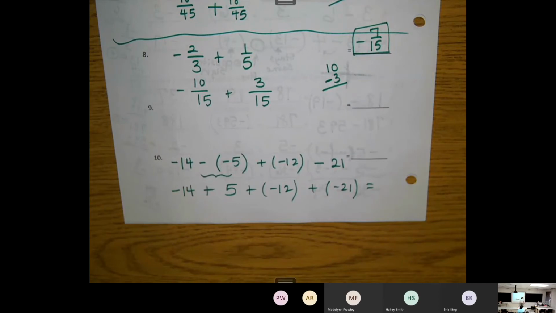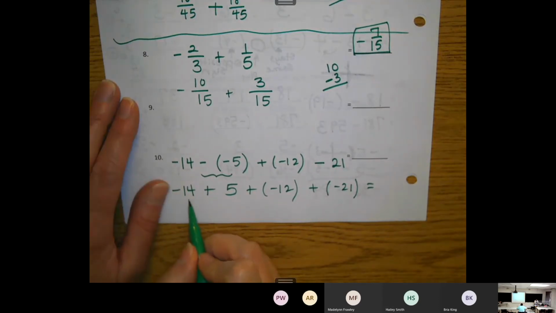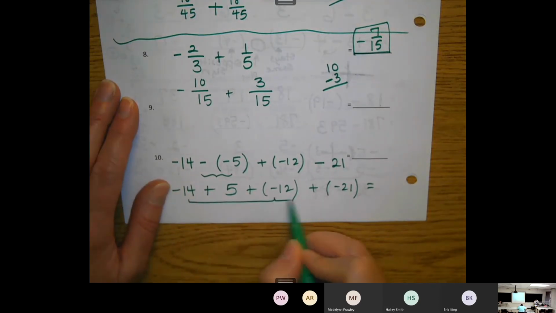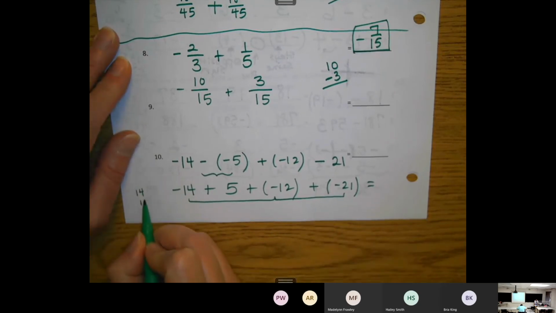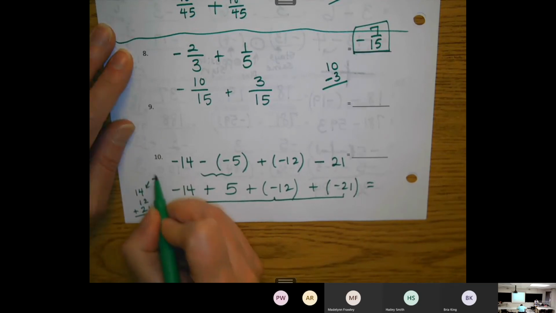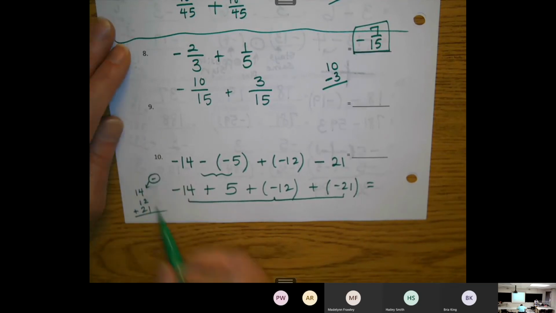We could just take them two at a time and work our way through. Or maybe you group together all the negative ones to start and then add on that positive. Lots of options. Let's say you put all the negative ones together. Since they all have the same sign, I'd want to add the 14 and the 12 and the 21. And because they were all negative, that result's going to be negative.